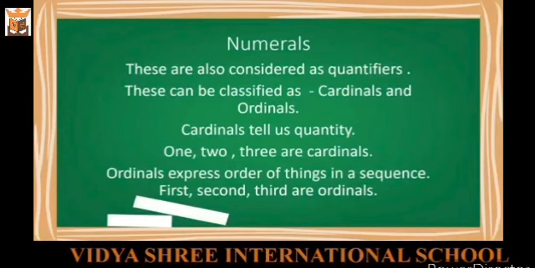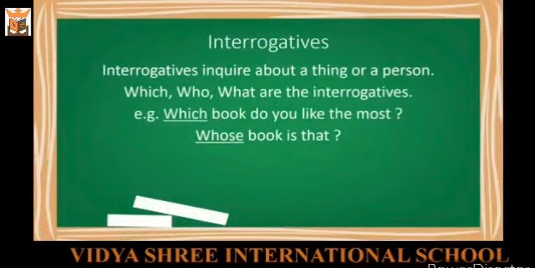Example 1, 2, 3, 4, 100, 150 are the cardinals. Ordinals express order of things in a sequence. First, second, third are the ordinals. Clear? Our last category of determiners is interrogatives.